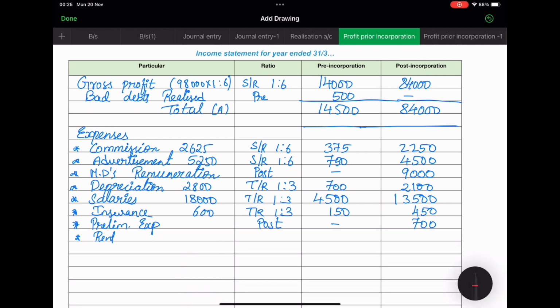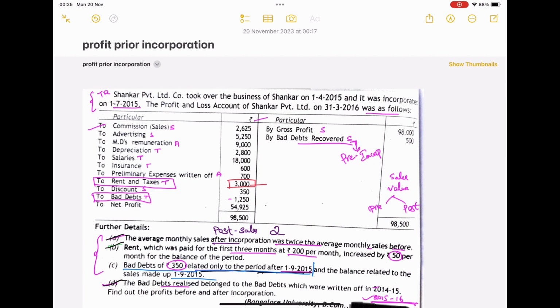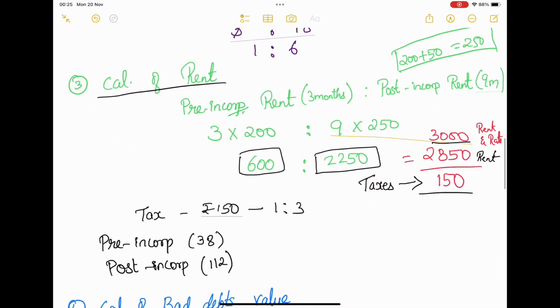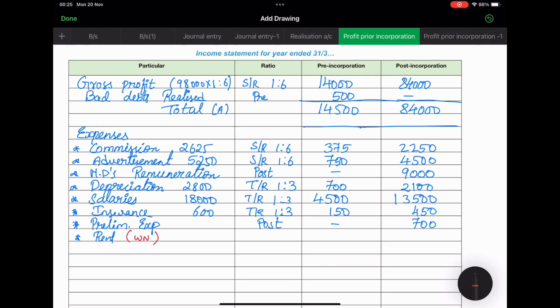I'll write working note. So here also I'll just not write anything, because we had different calculations, isn't it? So this value we are going to write in the rent. How much? 600 and 2,250.